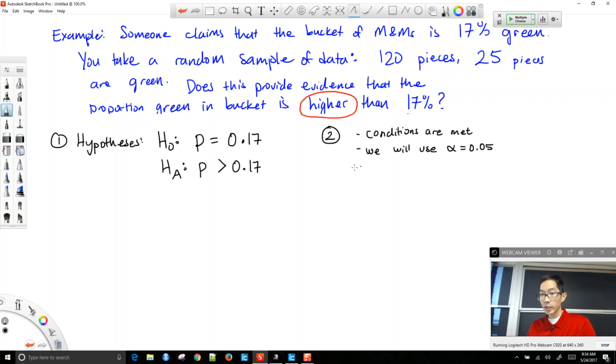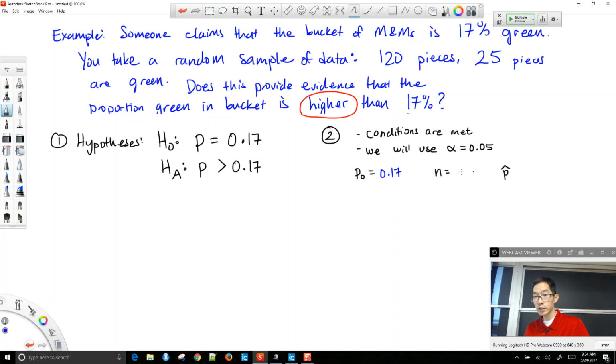And then when we gather our data, we need P0, we need N, and we need P hat. So P0 is the value from our null hypothesis. So P0 is what? 17%, 0.17.